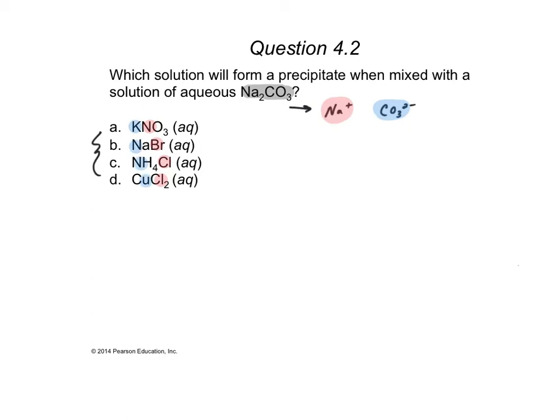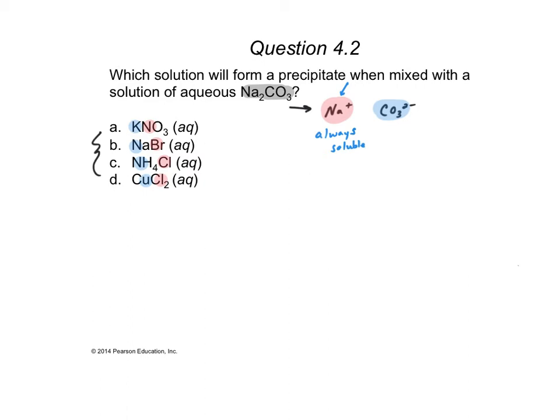So for the first one, when we think of what will form a precipitate with sodium, we can go ahead and just think, okay, well, I know that pretty much all sodium-containing compounds are always soluble, meaning that when you pair sodium with any anion, it's always going to be a soluble salt, so it's never going to form a precipitate, right?